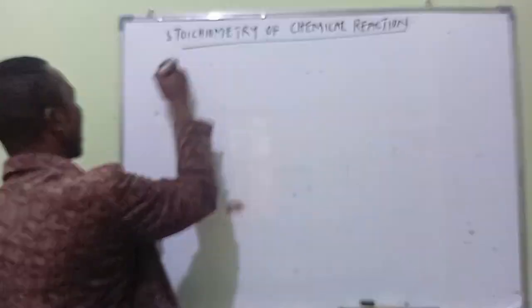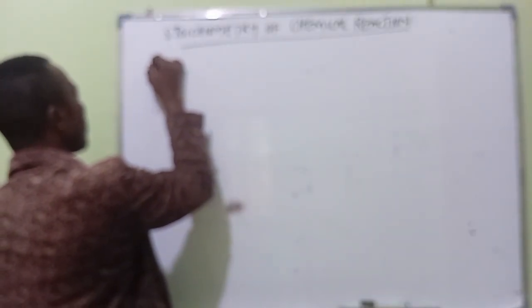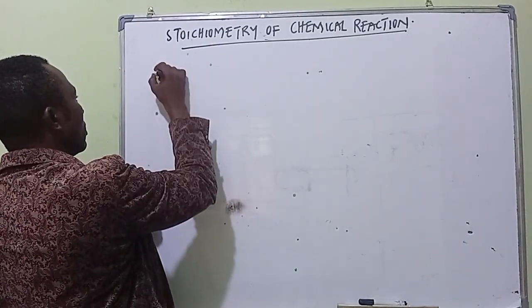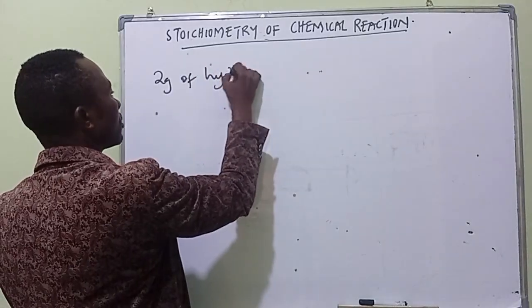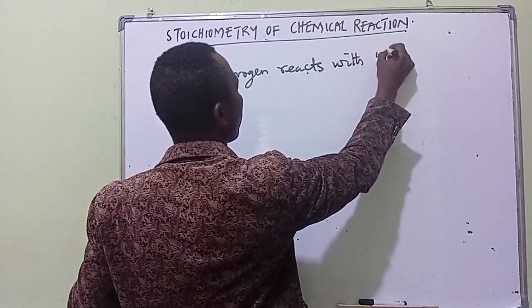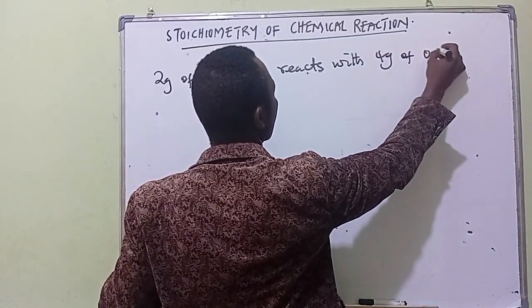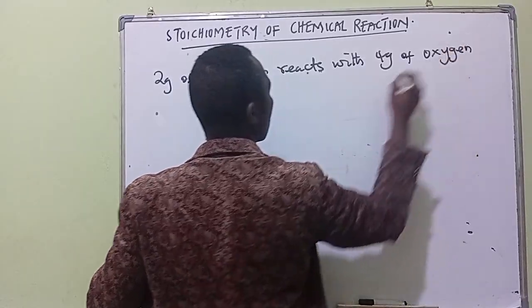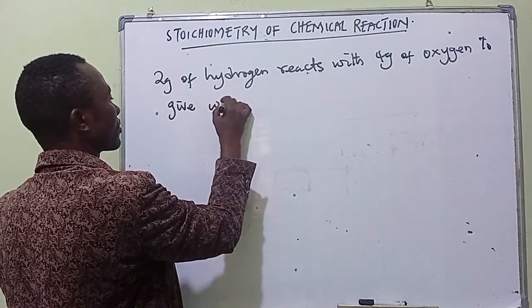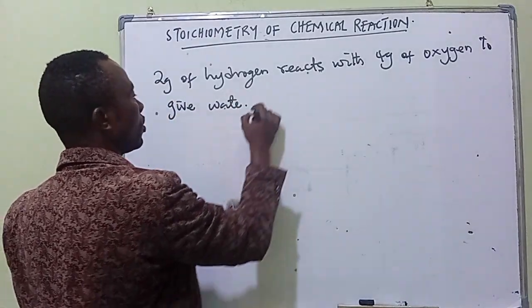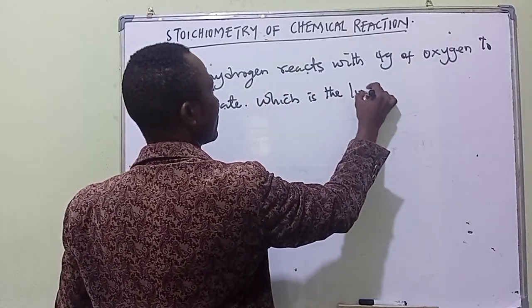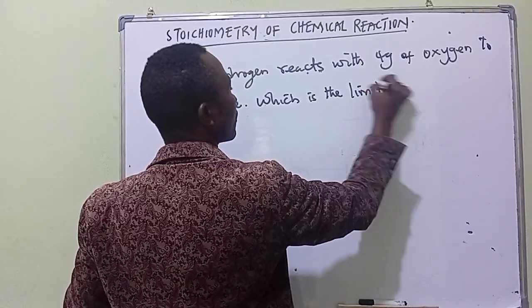Now, example, if we have 2 grams of hydrogen reacts with 4 grams of oxygen to give water, full stop, which is the limiting reagent?